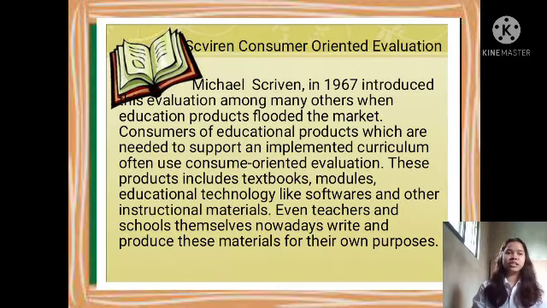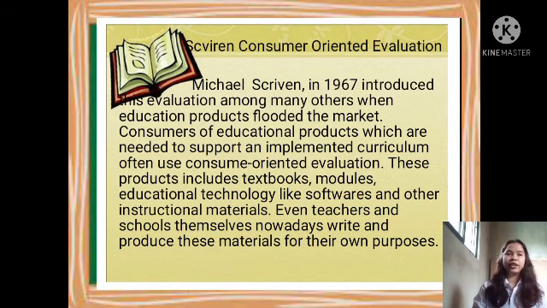Next one is Scriven's consumer-oriented evaluation. Michael Scriven in 1967 introduced this evaluation among many others when education products flooded the market. So consumers of educational products which are needed to support an implemented curriculum often use consumer-oriented evaluation.